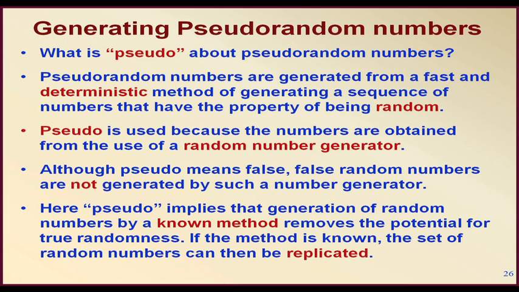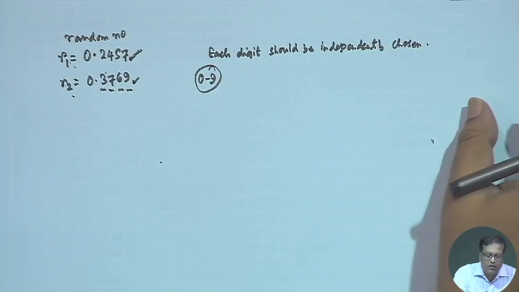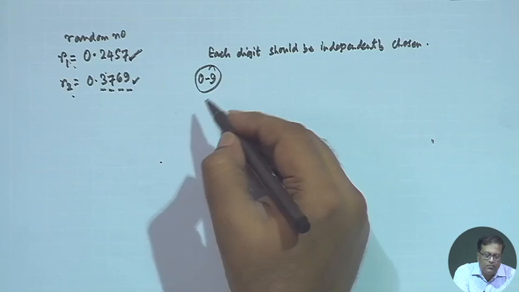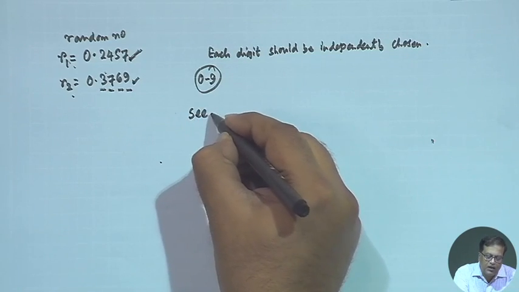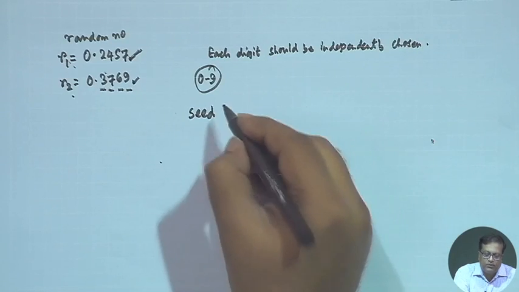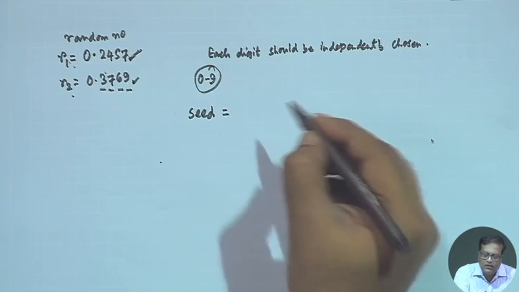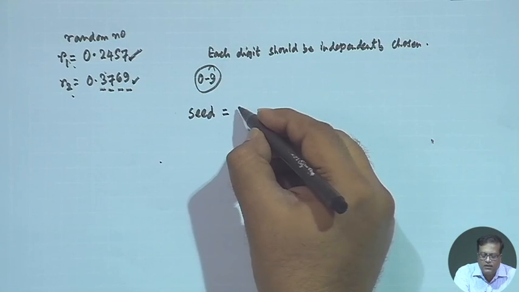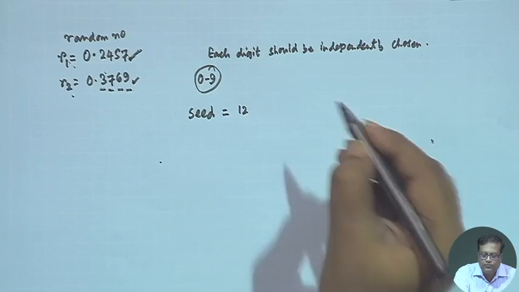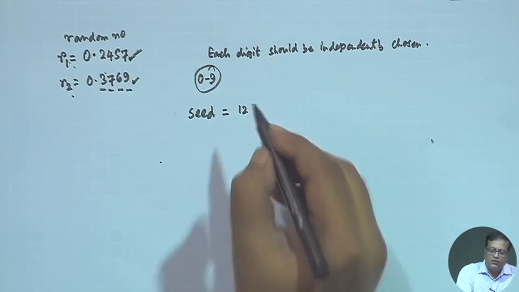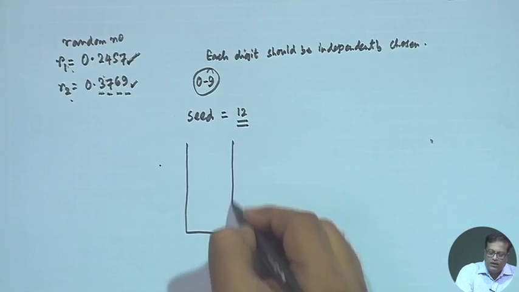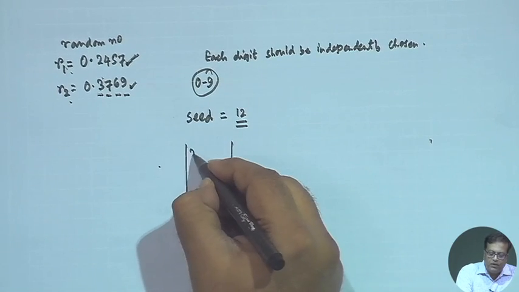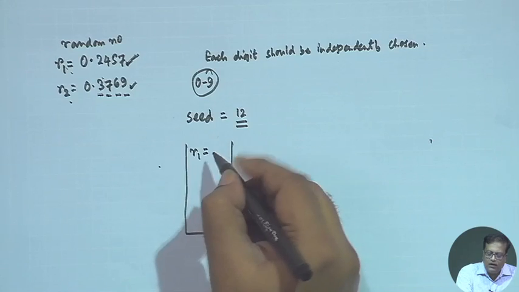What is that issue? It comes from a particular process, and there is something called a seed, a random number seed. Supposing we give a particular seed, let us say arbitrarily, 12. As long as you provide the seed, supposing we get a set of 10 random numbers, maybe I am just writing small random numbers.